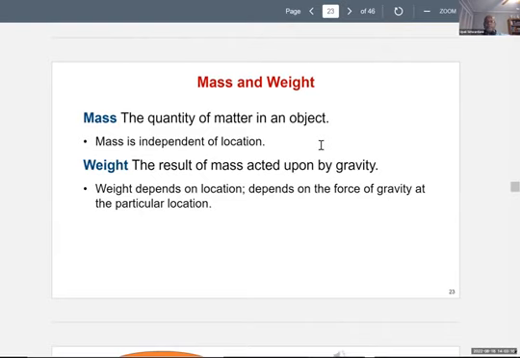Now we're going to talk about a little bit of mass, difference between mass and weight. Mass is the one we use in sciences. Weight is one we use in different places.